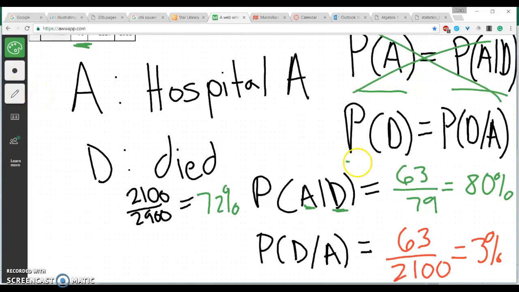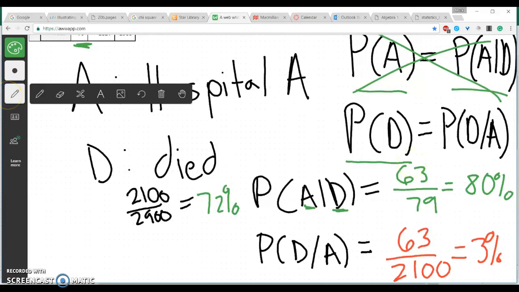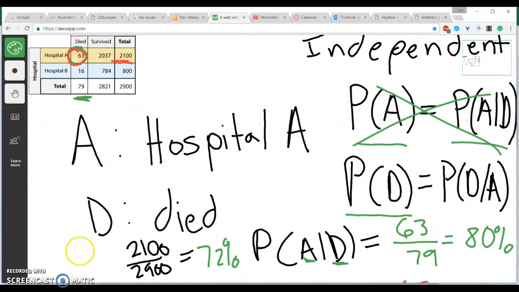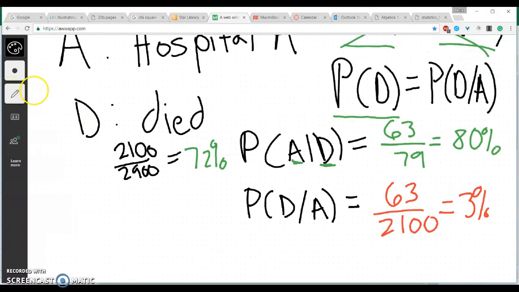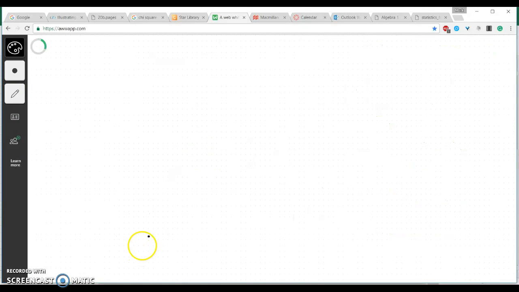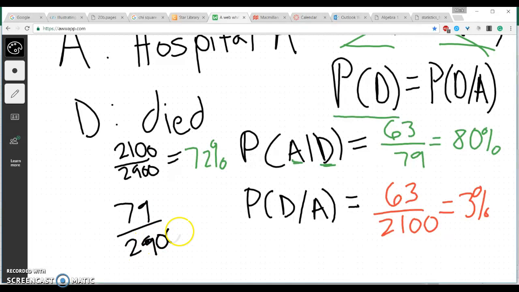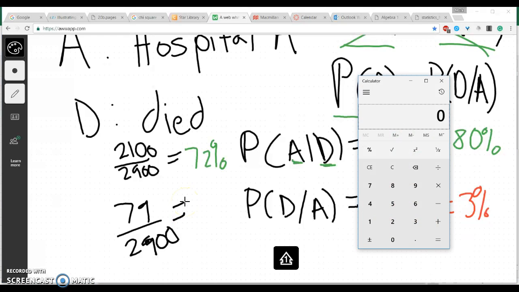So we've got to find the probability that somebody died, which if we look up here, deaths was 79, and total was 2,900. So we go 79 over 2,900. And we get this.